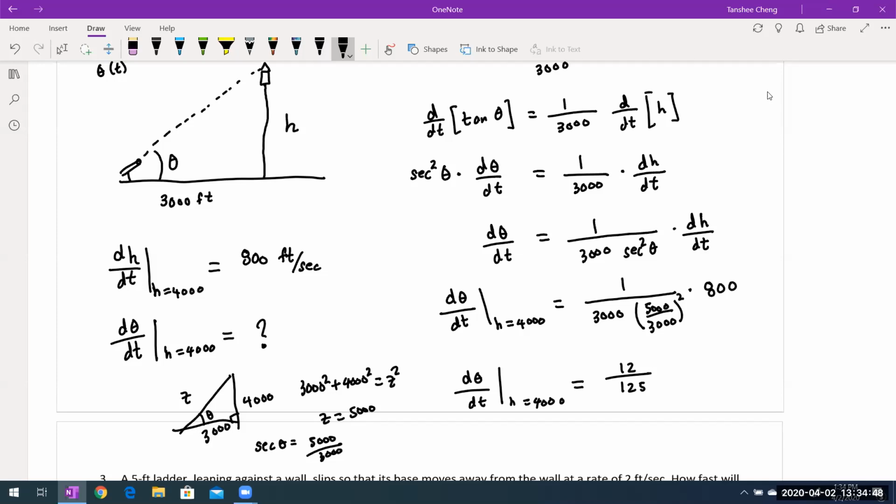Since this is dθ/dt, the rate of change in angle, it is going to be in radians per second. That's what it's changing.